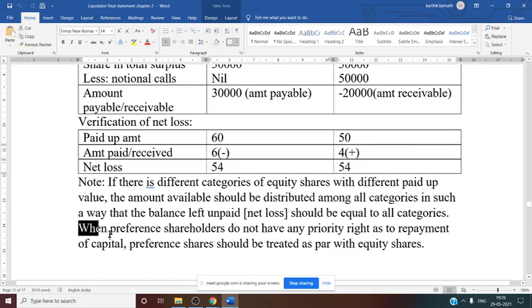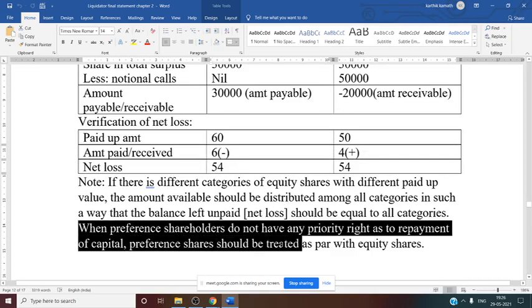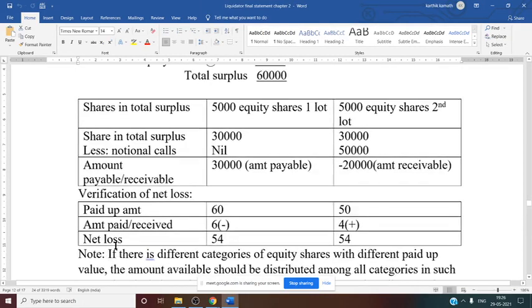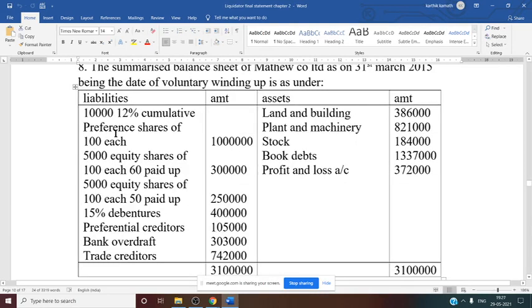Then after this, when preference shareholders do not have any priority as to the repayment of capital, preference shares should be treated on par with equity shares. That means sometimes what they will give you in the question, under preference share, or else in the adjustment, they will tell you preference shares have no priority.